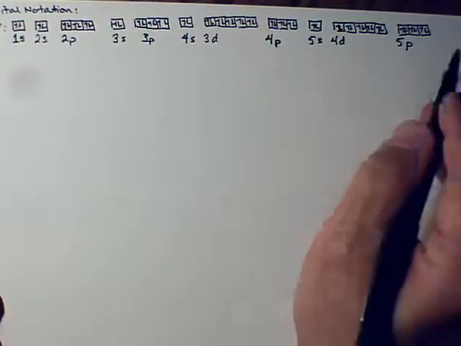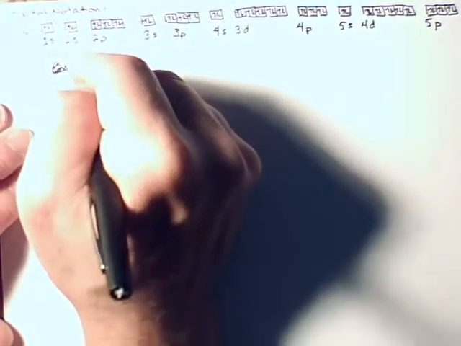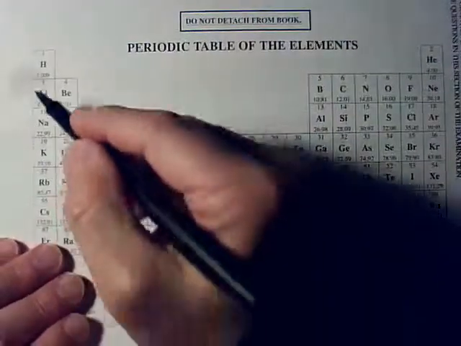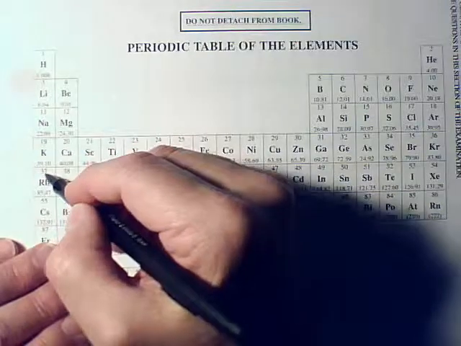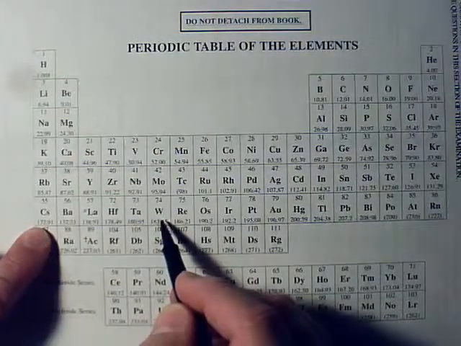Now I'm about to run out of space on the paper over here, so I'm going to go back to the next line, sort of a line under here, okay? We get to 6s. Right now, 1, 2, 3, 4, 5, 6, we're on the right row for tungsten.